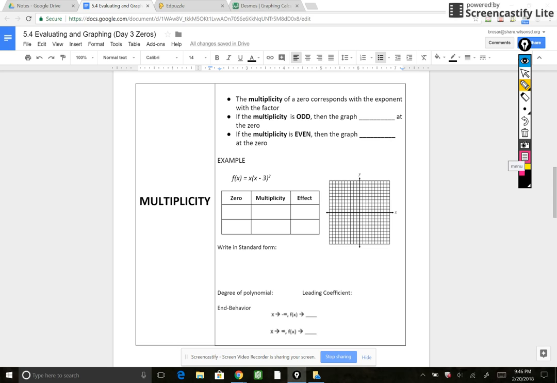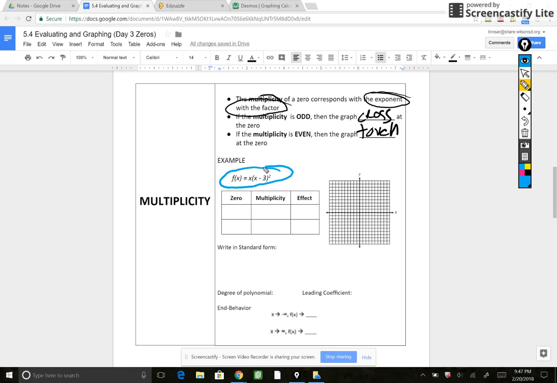So multiplicity is the exponent of the factor. So if the exponent of the factor is odd, that is where your graph is going to cross. If the exponent is even, it's going to touch. And this will make more sense once we do the next problem.